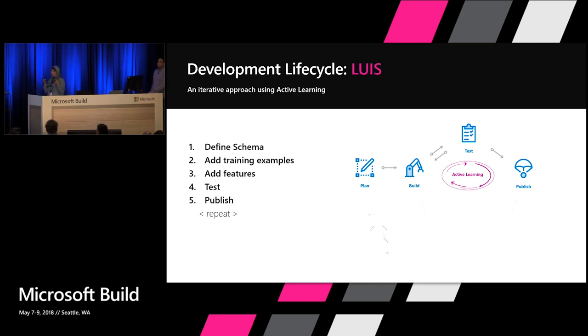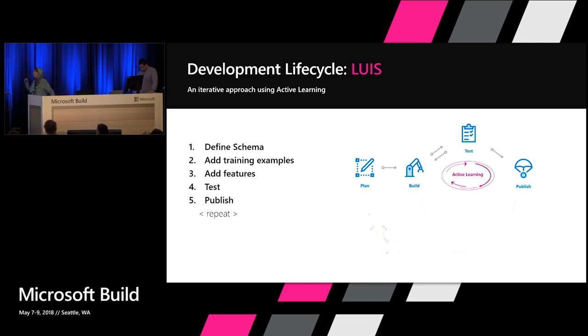But in some bot scenarios, your vocabulary might be new to LUIS. We give you a path to adapt that vocabulary through adding features. Features could be phrases, could be patterns, and so forth, to improve. I don't recommend that you start off with that from the first couple of iterations.